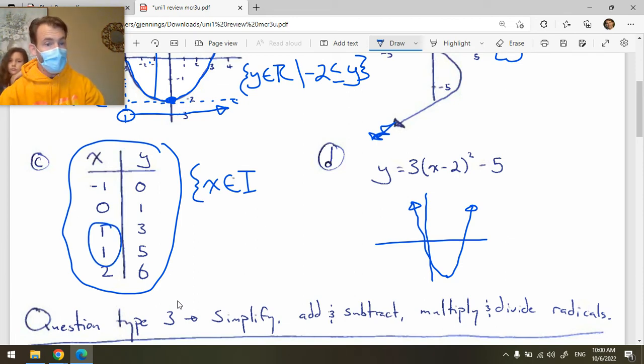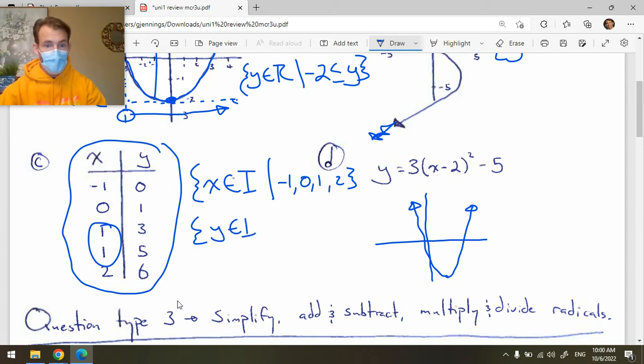If you have any repeats, you don't need to repeat them. So x is of the integers, and x is -1, 0, 1, 2, done. Okay, y is also of the integers, and y is 0, 1, 3, 5, 6, done.